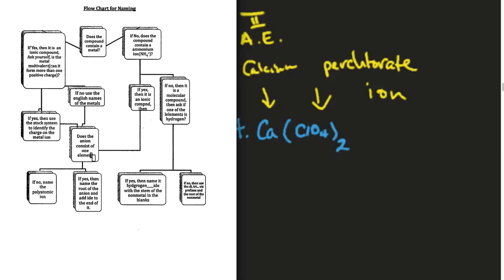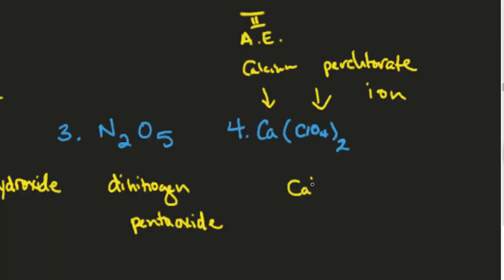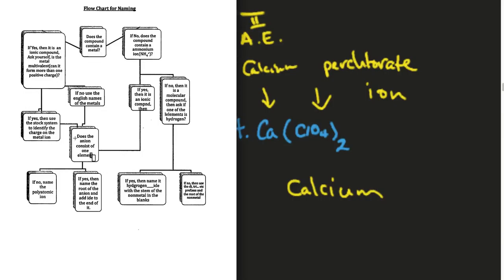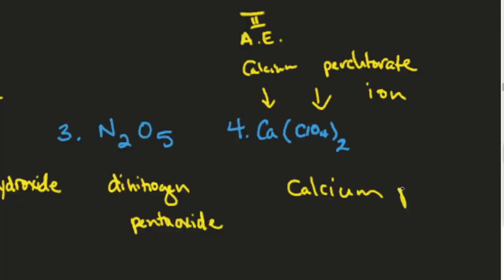It's ionic. And then does our metal have more than one possible positive charge? Calcium does not. So we use the English name of the metal. So here's the calcium. And then after that, does the anion consist of one element? No, that's chlorine and oxygen. That's a polyatomic ion, so we just write calcium perchlorate.